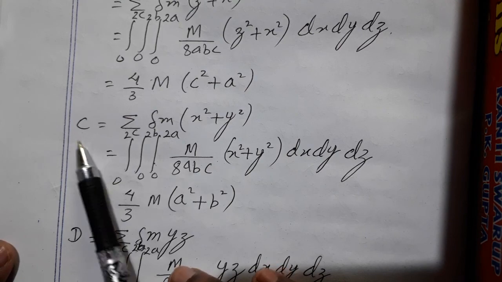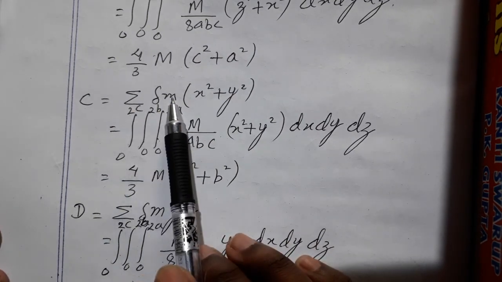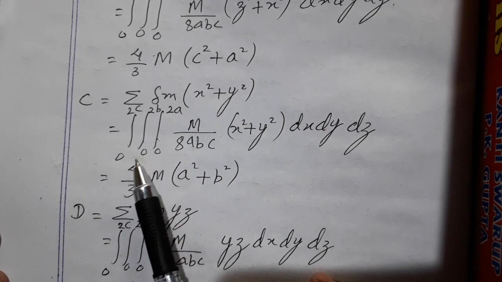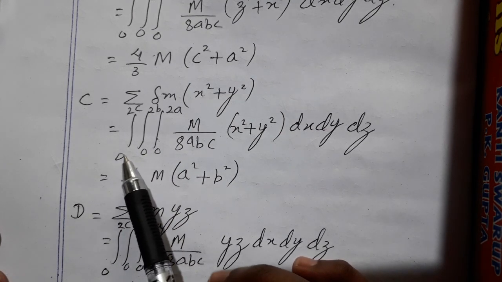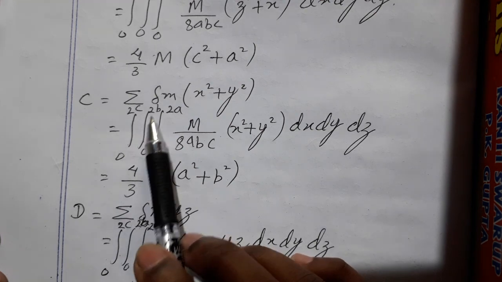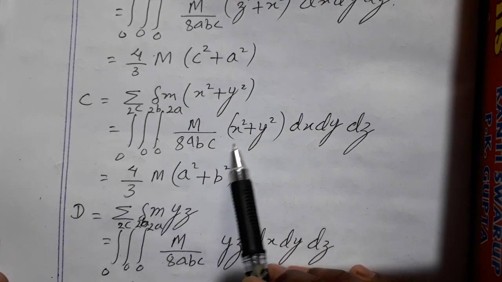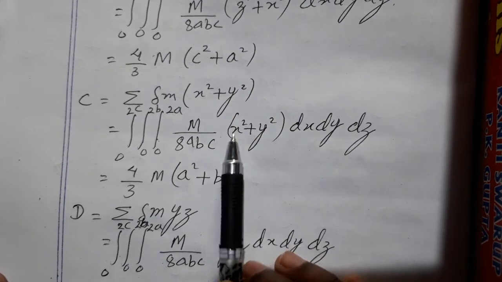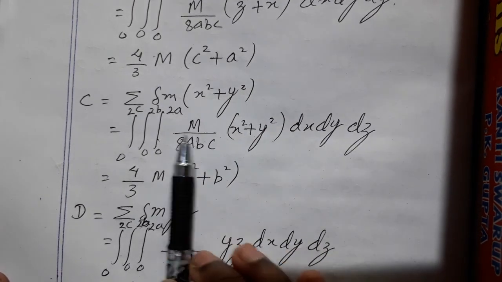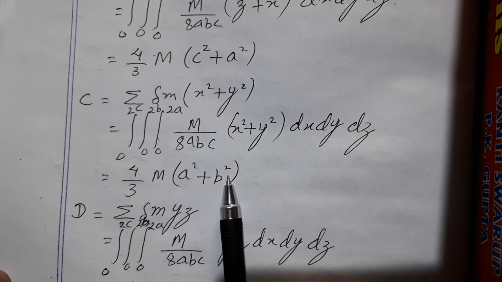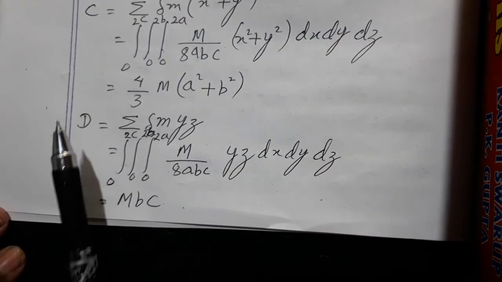For C, about the z-axis, we take summation delta m (x squared plus y squared), and integrating we get C equal to 4 by 3 m (a squared plus b squared).